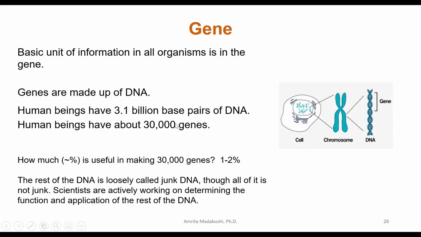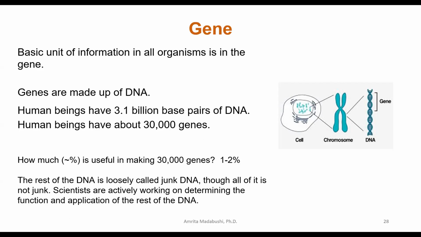Whether in nursing or in dental hygiene, a lot of you will be constantly working with human health. There are about 30,000 genes, and the genes are extremely important in terms of what they control. The genes are nothing but a fixed sequence of DNA. It's a particular sequence of DNA that makes up a gene.